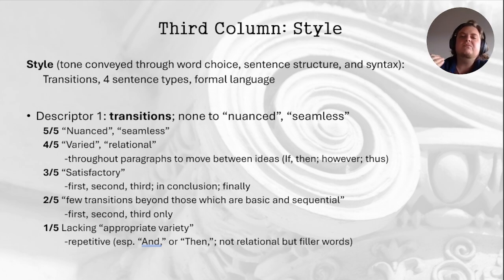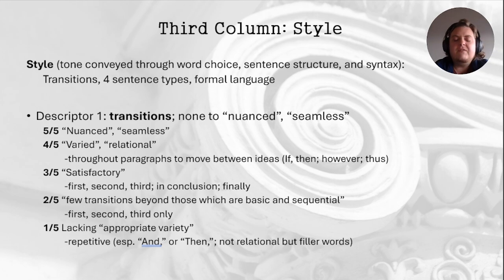So we're going to strive for, as you can see under 4 out of 5, varied and relational transitions. That means not using the same transitions over and over again, but then also using transitions that operate in different ways. So that means not just at the beginning of each paragraph, but also in between, like during paragraphs, in between sentences, in order to move between ideas.